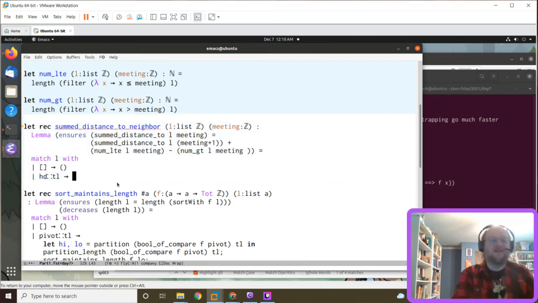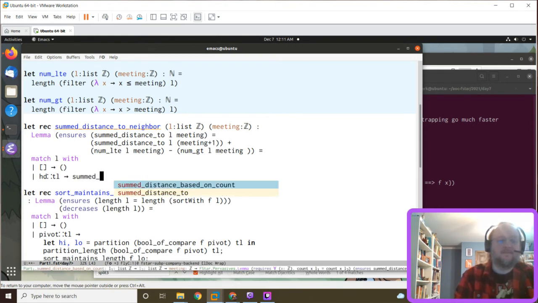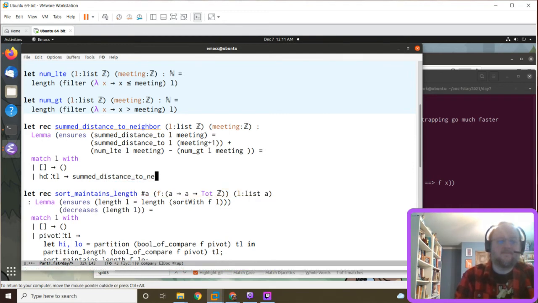But it only applies to that second case. All right. So otherwise, we inductively assume it's true for that.